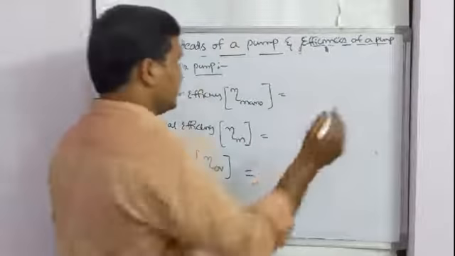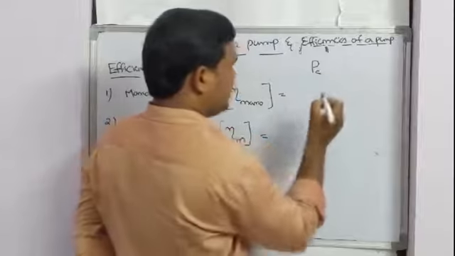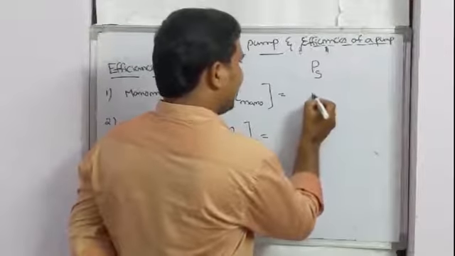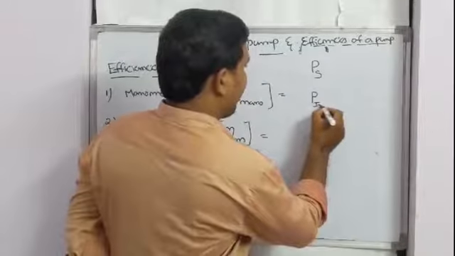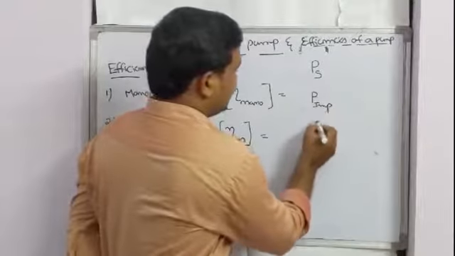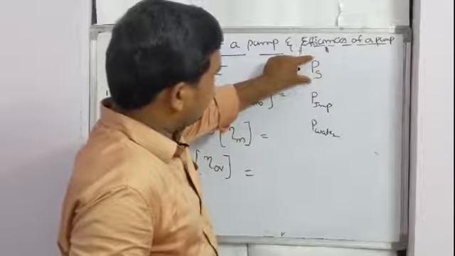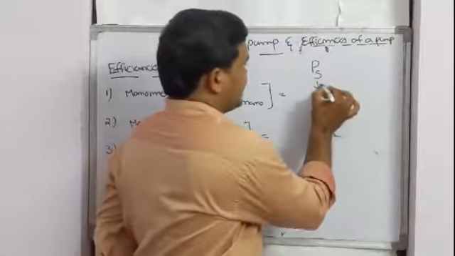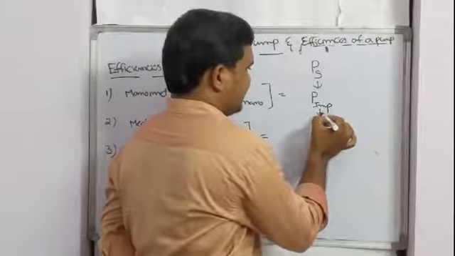So there are three types of power we consider from the pump's point of view: first, the power supplied to the shaft of the pump, then the power transferred to the impeller, then the energy from the impeller transferred to the water.